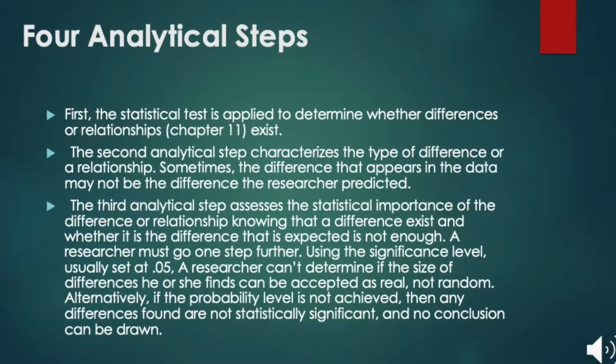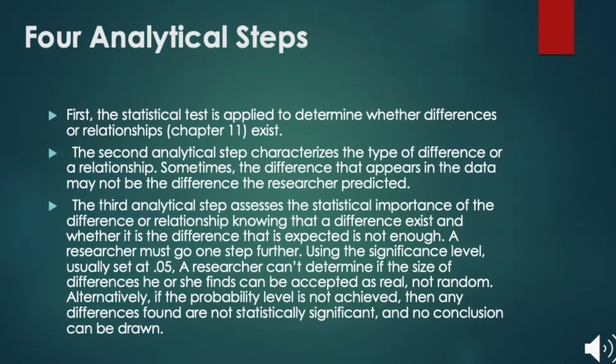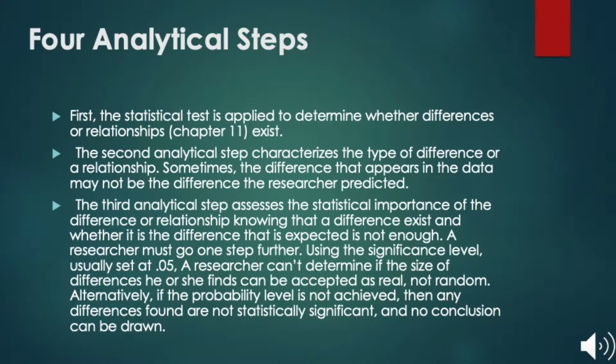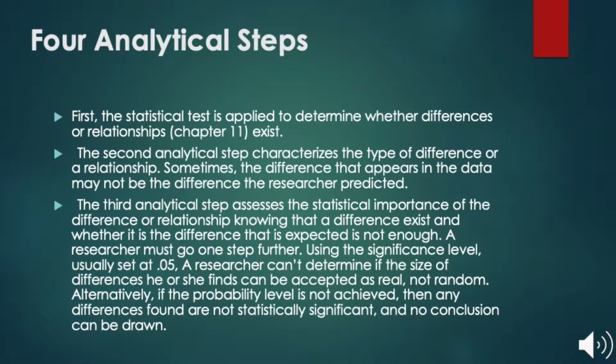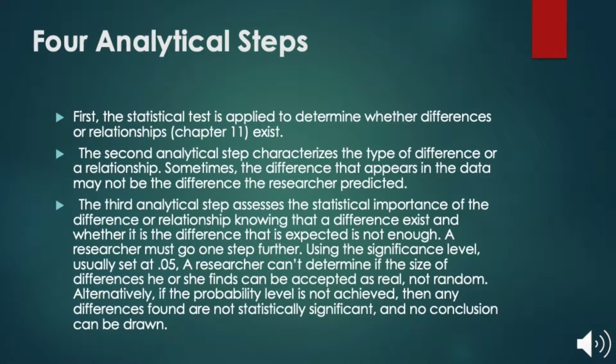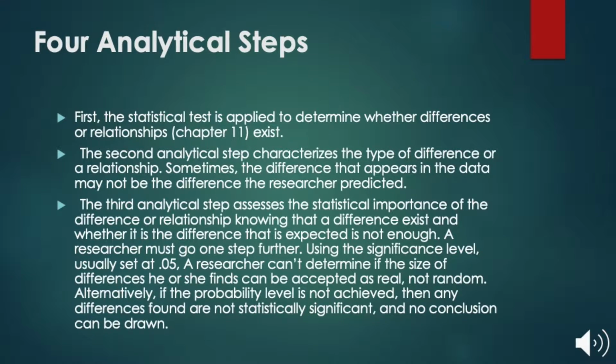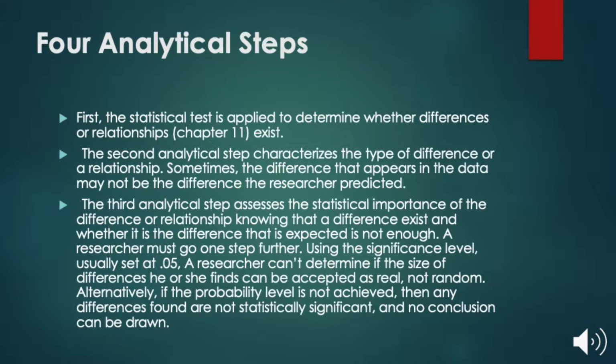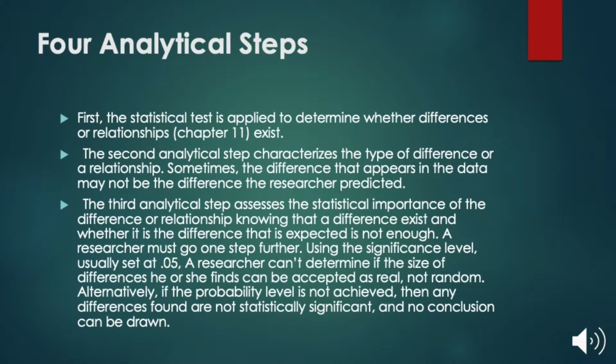A researcher must go one step further. Using the significance level, usually set at 0.05, a researcher can determine if the size of the differences he or she finds can be accepted as real or not random. Alternatively, if the probability level is not achieved, then any differences found are not statistically significant and no conclusion can be drawn.